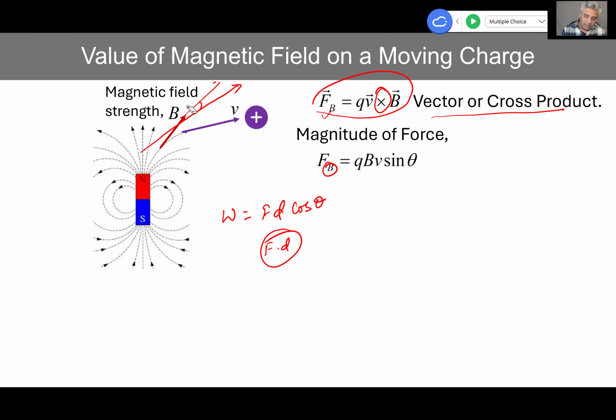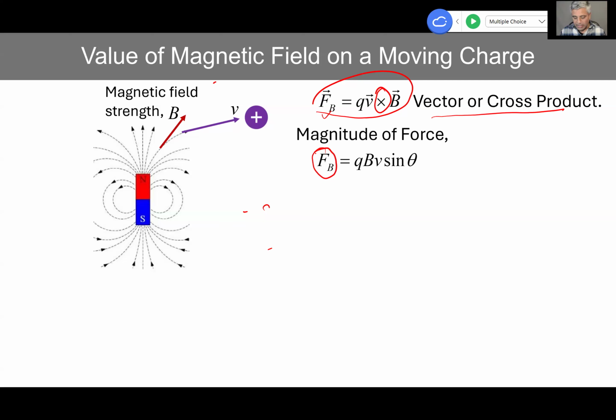Okay. If V is going something like this, that's going to be the angle between them. Okay. So this being B, this angle between V and B, that's what that theta is. And that's how we want to read it.